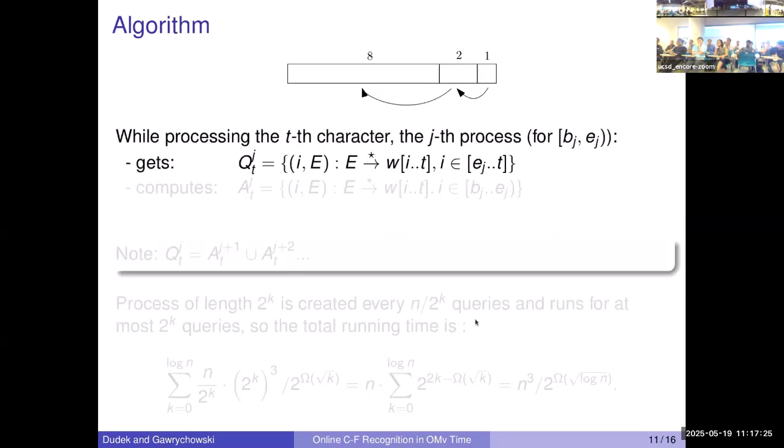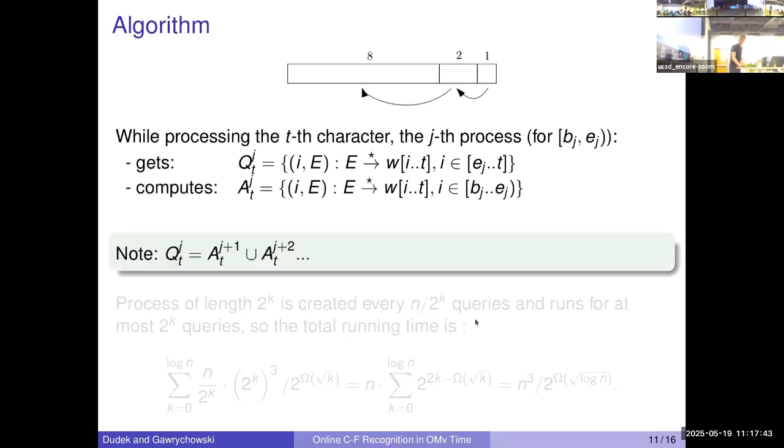And then in the algorithm, while processing the t-th character, we have these processes of smaller lengths, and each process will output something that will be input to the next process, and so on. Here is written a bit more precisely what we compute.